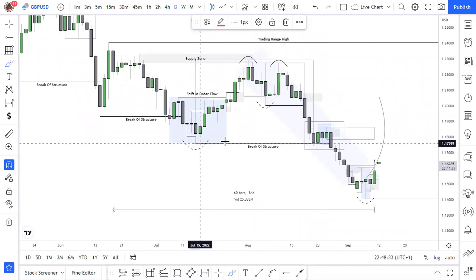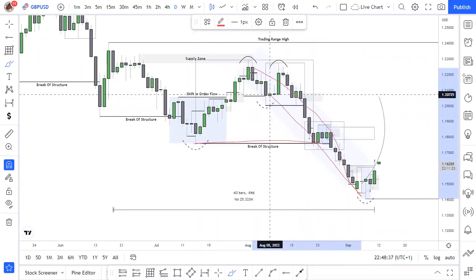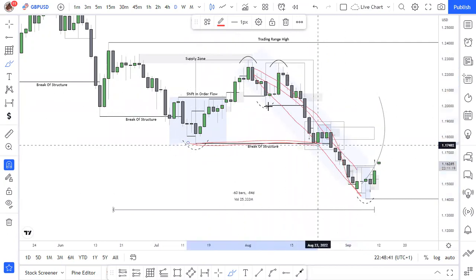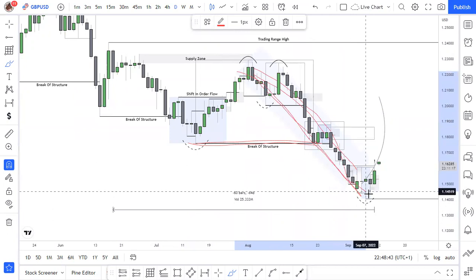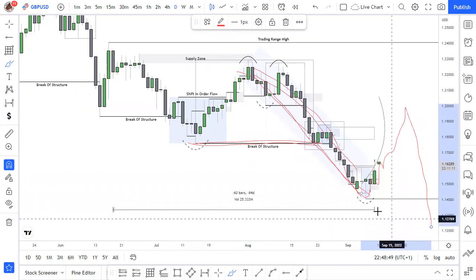We had this break of structure here, and price is in a push phase. When we have breaks of structure and price being in some kind of push phase, we want to get some kind of pullback before we continue that bearish structure.